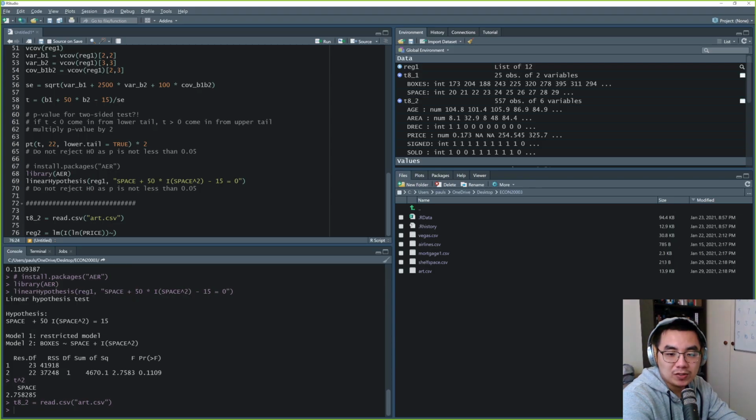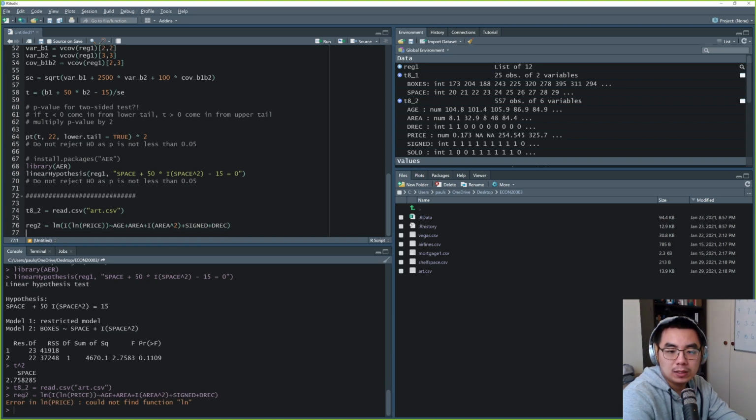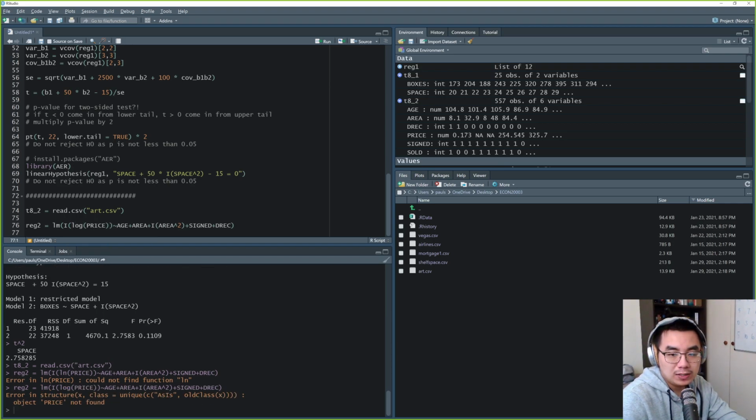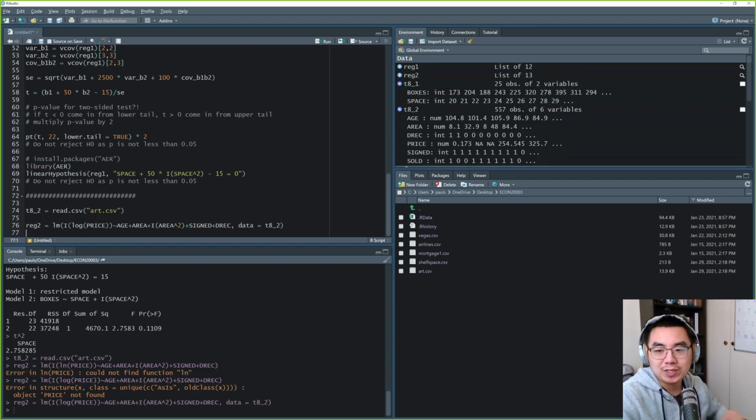Age, area, area squared, signed, and derec. Sorry, this should be log, price, data is equal to t_2. I'm making a lot of mistakes, but I managed to get there. Okay, so summary of reg2.